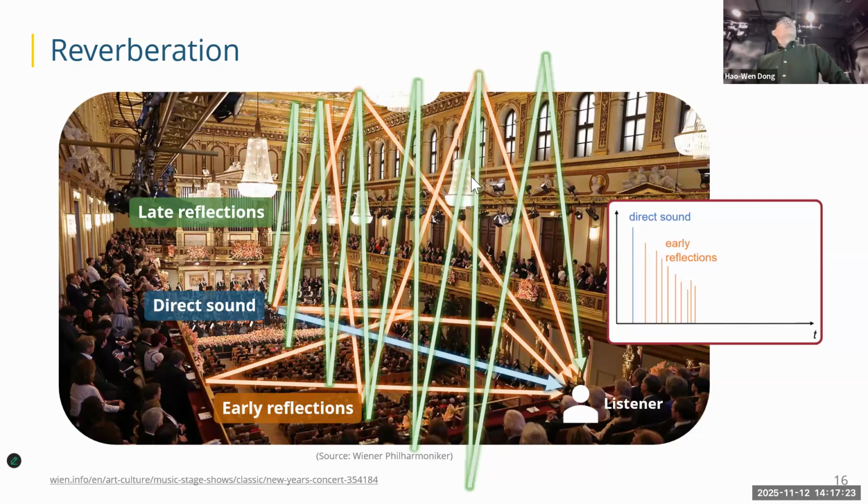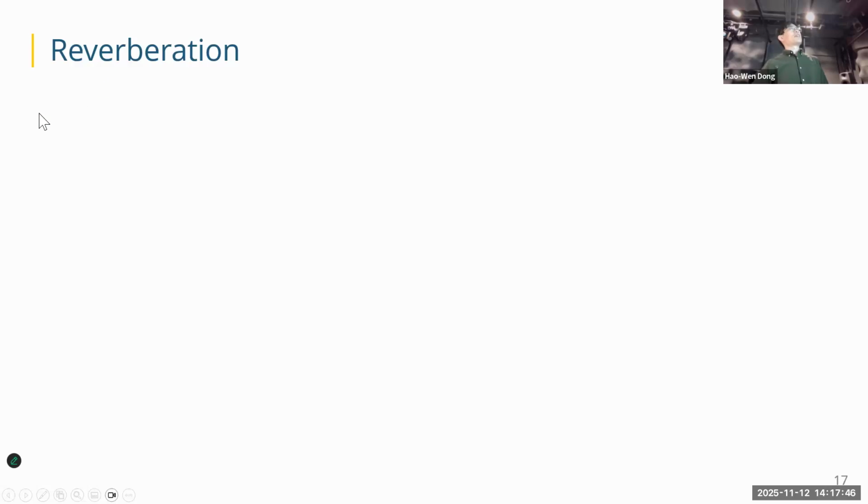Some of the things that arrive very late in the reflection are very chaotic because they bounce everywhere. Here I'm drawing these lines assuming this is just a shoebox, but think about all these decorations, it could bounce very randomly. So you have the direct sound, of course.